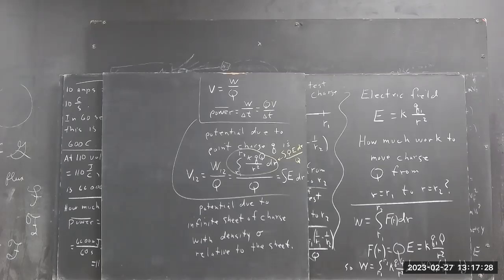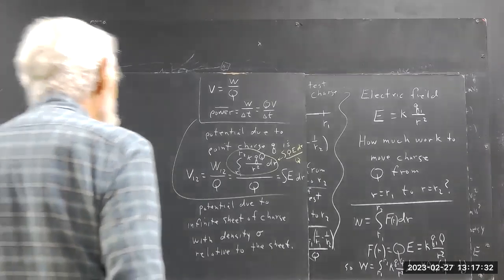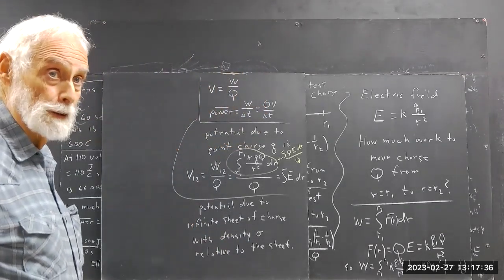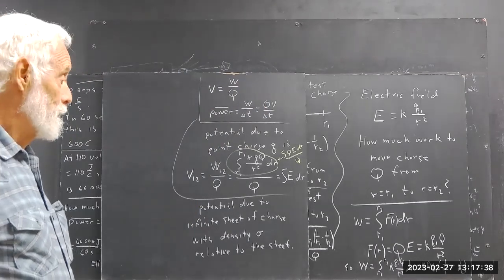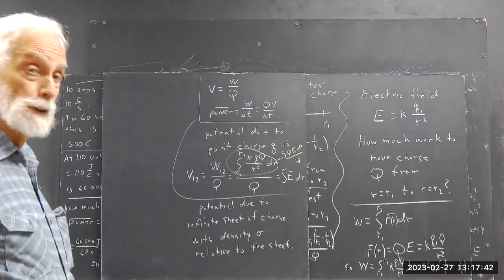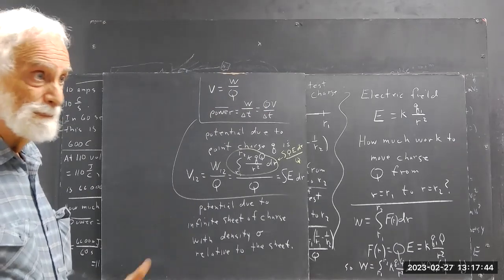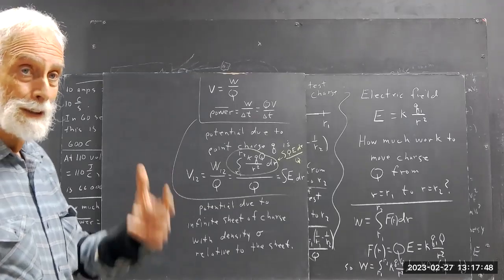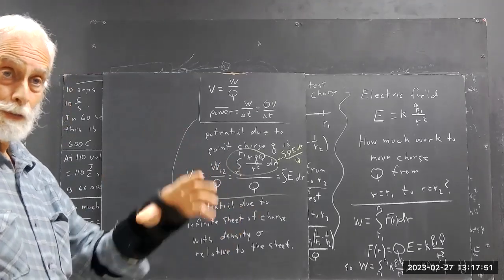Maybe the formula for the field of a sheet of charge is 2 sigma over something like that. I don't even want to remember it, because deriving it instantly is very simple.